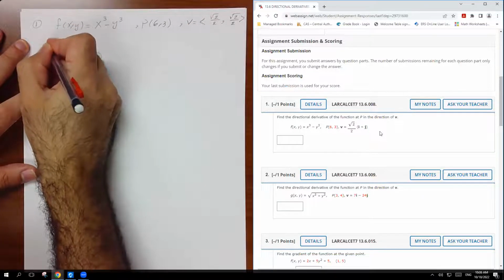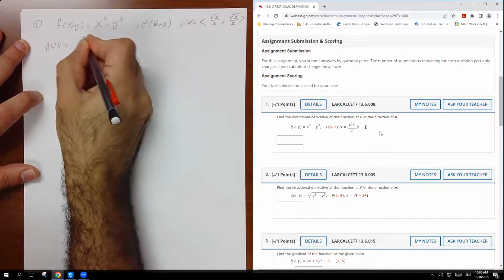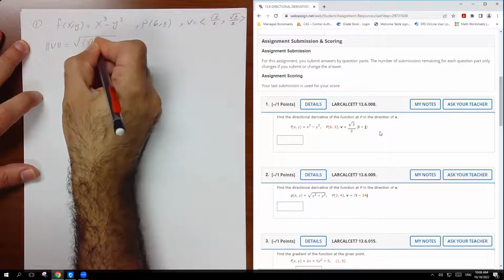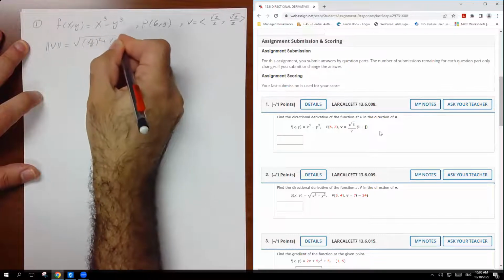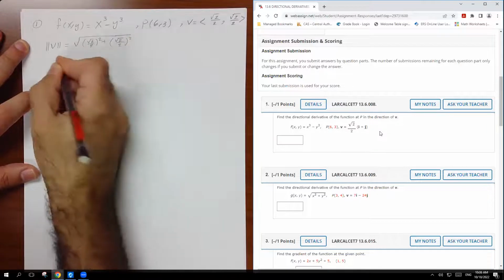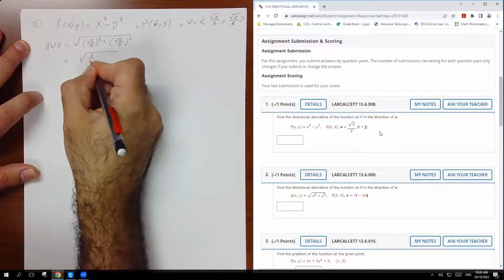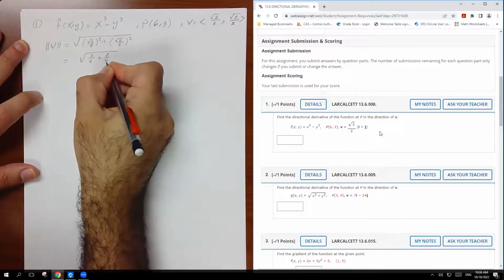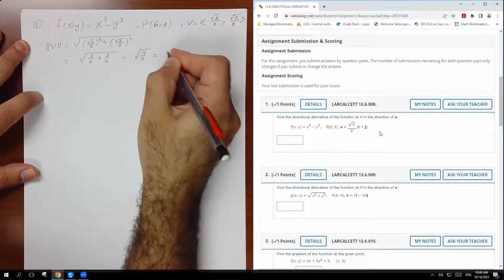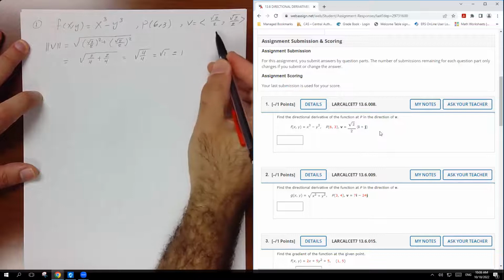That means we have to check the length of v equals 1, which is square root of square root of 2 divided by 2 squared plus square root of 2 divided by 2 squared, which is 2 over 4 plus 2 over 4, which is square root of 4 over 4, which is square root of 1 and equal 1. That means the vector we have here is a unit vector.